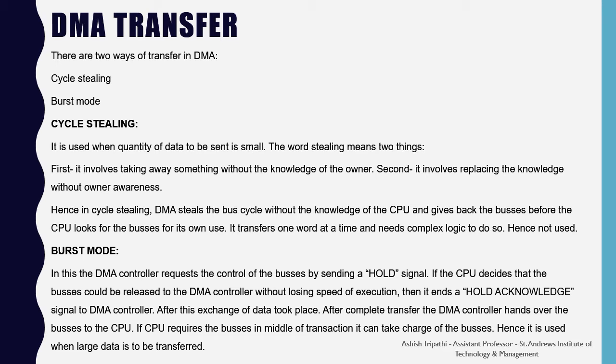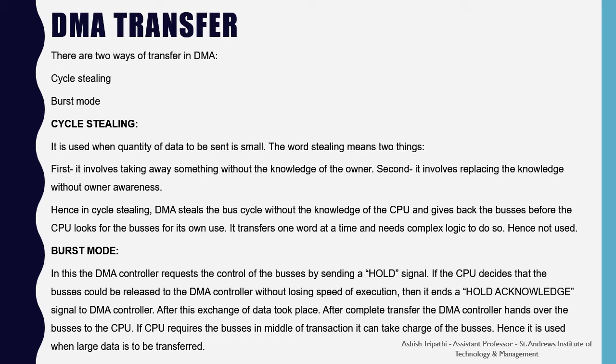Hence, in cycle stealing, the DMA steals the bus cycle without the knowledge of the CPU and gives back the buses before the CPU looks for the buses for its own use. It transfers one word at a time and needs complex logic to do so. Hence, this type of cycle stealing transfer is not used.